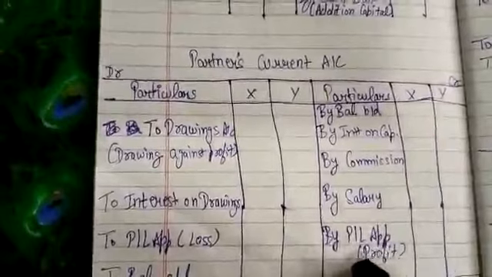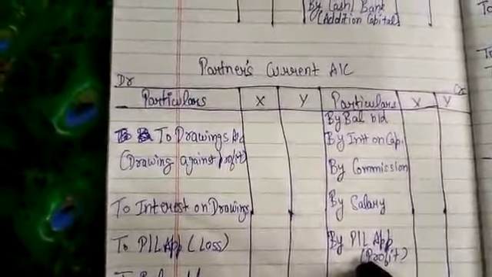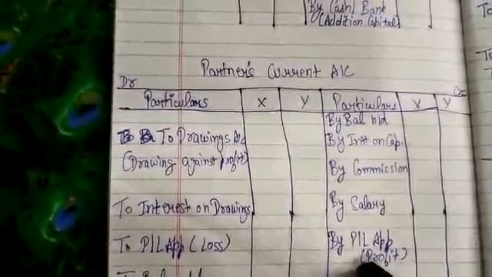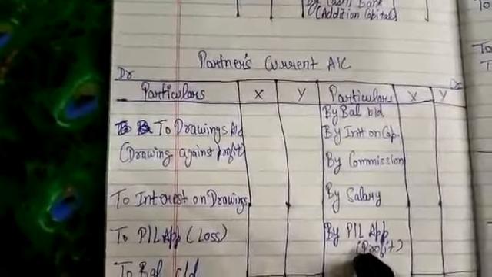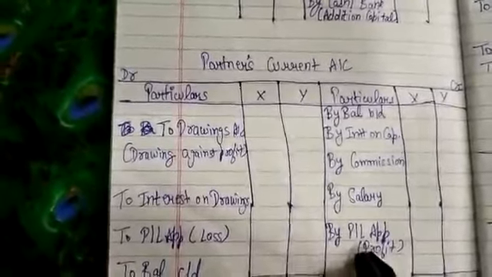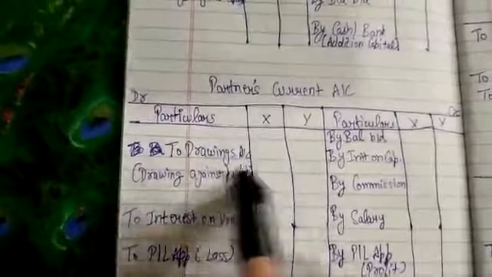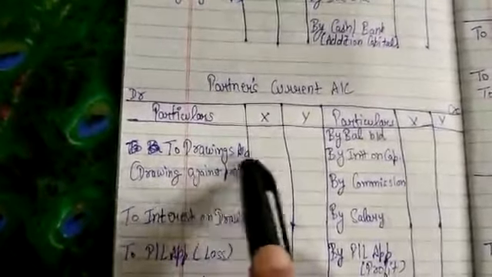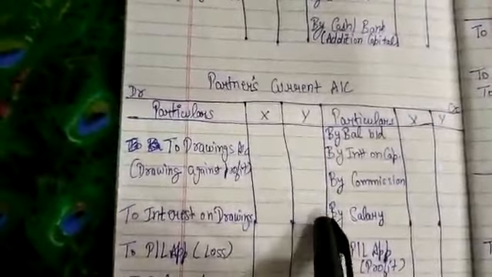If any appropriation profit, which is a distributable profit, which we calculate in profit and loss appropriation account, you know it very well, you have done it in the previous questions, this will be shown on the credit side. On the other hand, any drawings if they had made, it will be shown on the debit side. Any interest on drawings, it will be shown on the credit side.